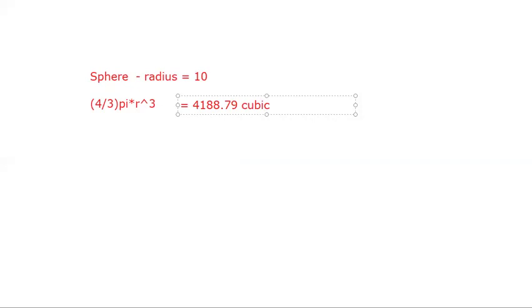Now, if we look at number 6, it is a square pyramid, and we have a formula for that. The dimensions are 10 by 10, and the height is 9.